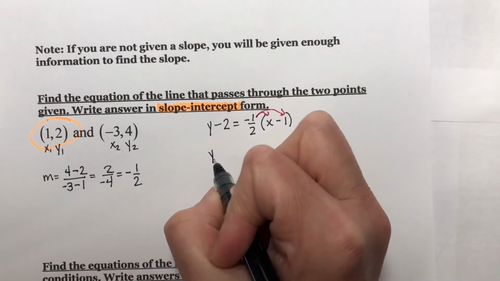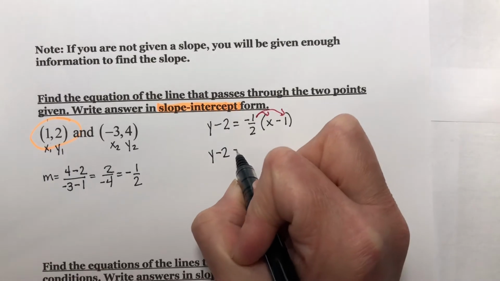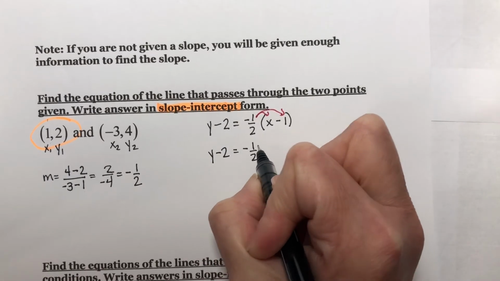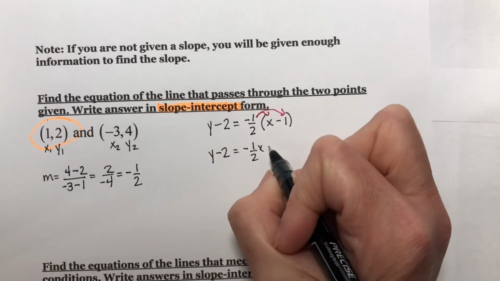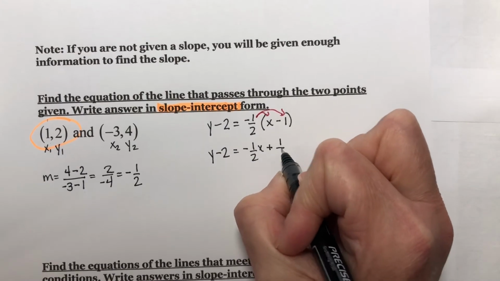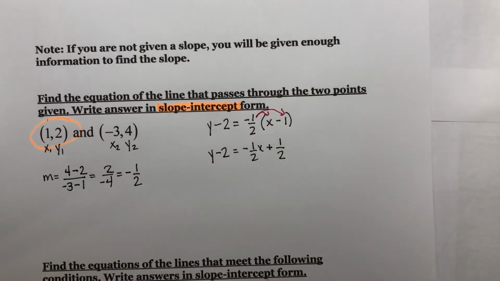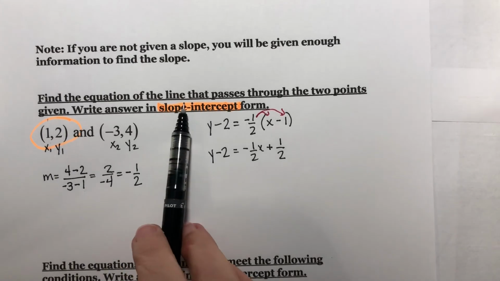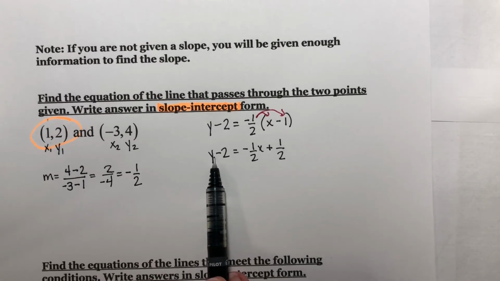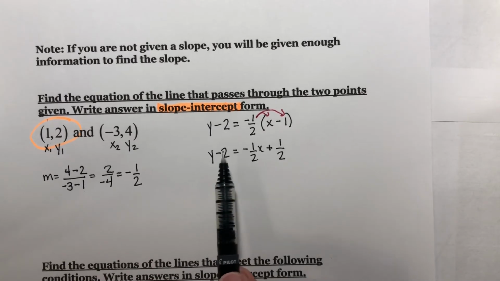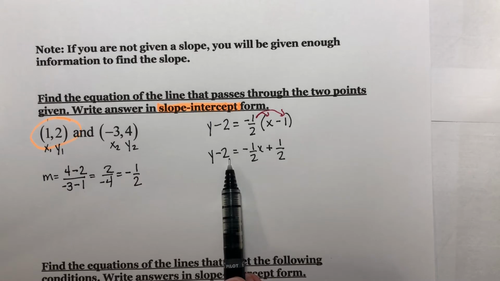I get y minus 2 is equal to negative 1/2 x. 2 negatives multiplied together is a positive 1/2. Okay, so I would do this much no matter which form I'm supposed to go into. I'm supposed to go into slope-intercept form, which means I need the y alone. All I really need to do is to add 2 to both sides.